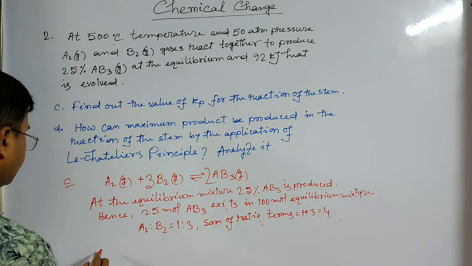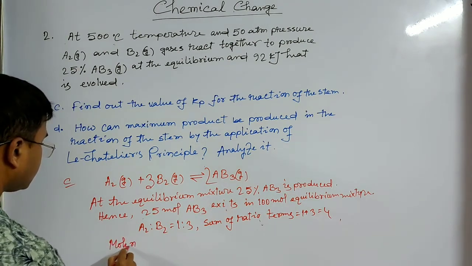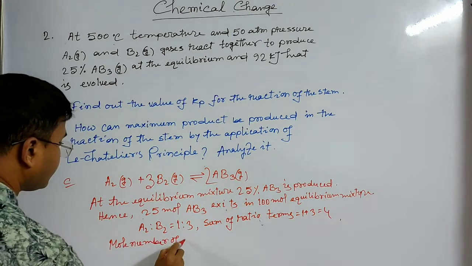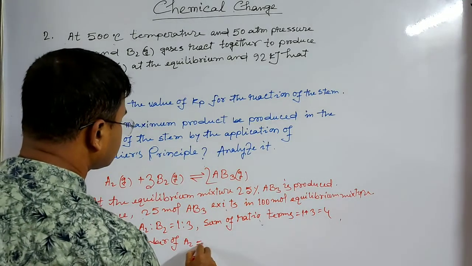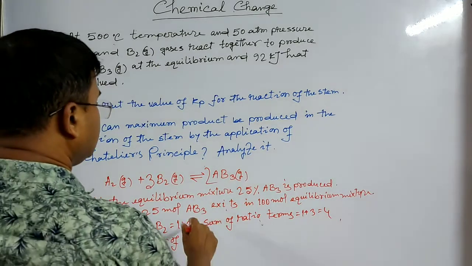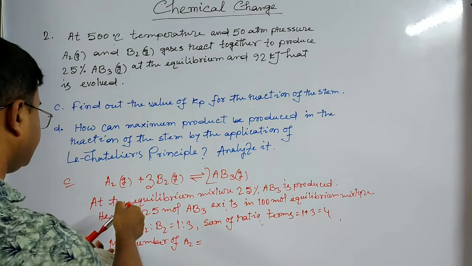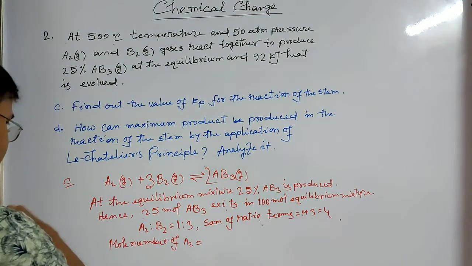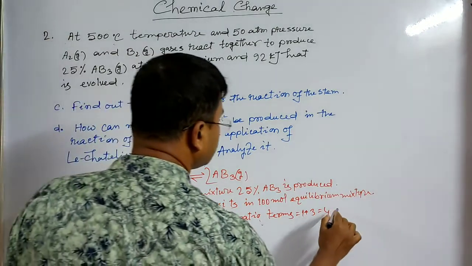So mole number of A2 equals... AB3 exists in 100 mole equilibrium mixture. So the remaining amount is actually reactant, my dear students. The remain I didn't mention here.